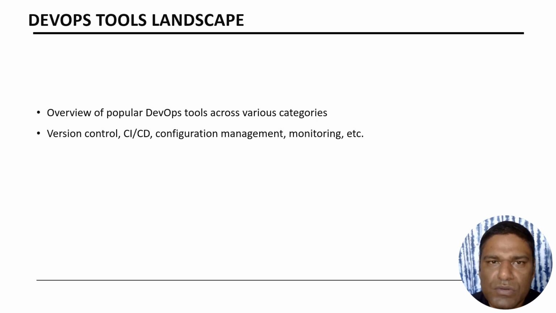So the DevOps tools landscape is very vast and diverse, encompassing a wide range of categories such as version control, CI/CD, configuration management, monitoring, and more. Understanding the various tools available and their respective functionality is very crucial for building an effective DevOps toolchain tailored to the organization's specific needs and objectives.